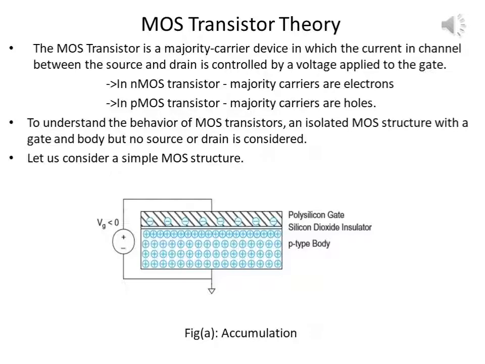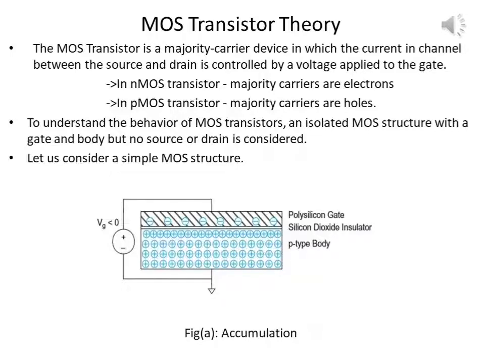As shown in the figure, we'll consider a simple, isolated MOS structure, because we consider only the gate and the body of the transistor, neglecting the source and drain regions. In the figure, the top layer is a good conducting gate layer, given as the polysilicon gate.